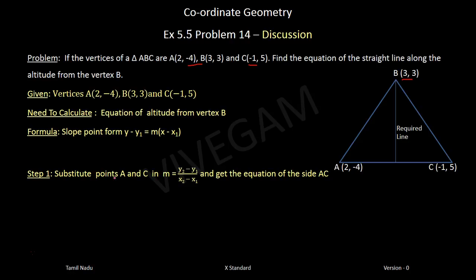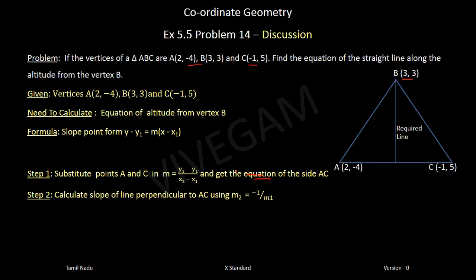So step 1: substitute points A and C in m equal to y2 minus y1 divided by x2 minus x1 and get the slope of the side AC. Next, calculate the slope of the line perpendicular to AC using m2 equal to minus 1 by m1.